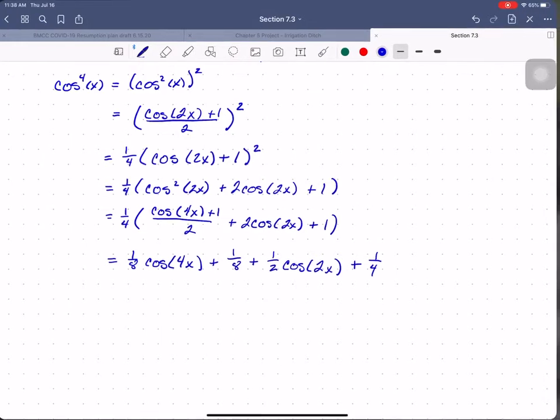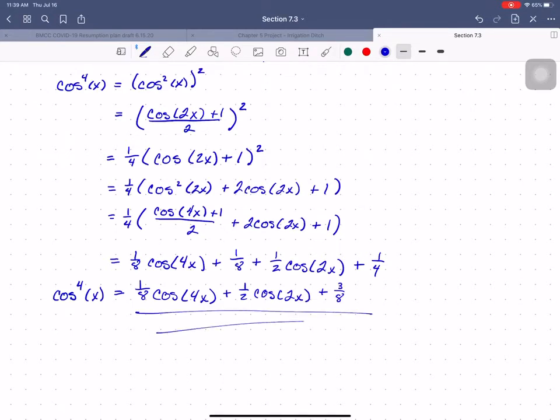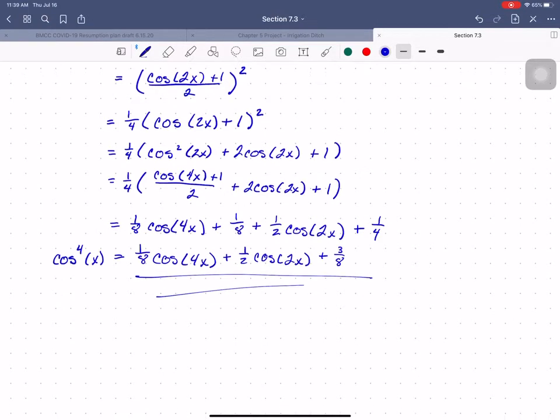Let's combine our like terms. And what we find is that cosine to the 4th of x can be rewritten as 1/8 cosine 4x plus 1/2 cosine 2x plus 1/4 plus 1/8, which is 3/8. And we've eliminated the exponents. Okay, example number 1's done.